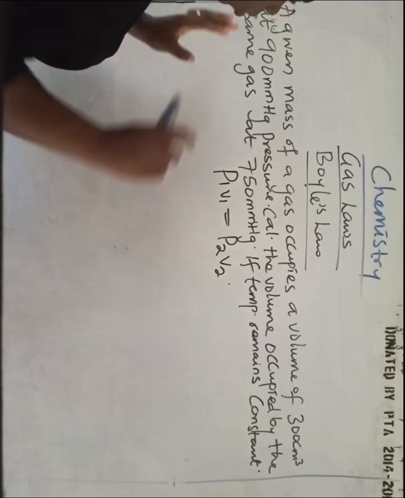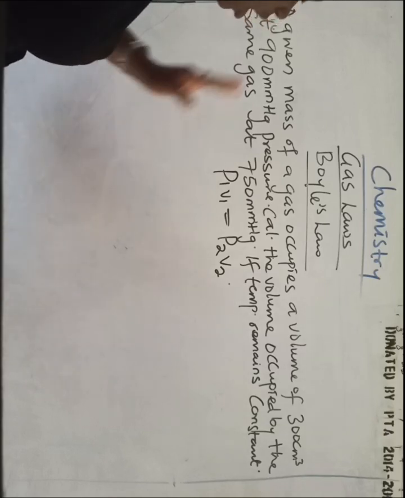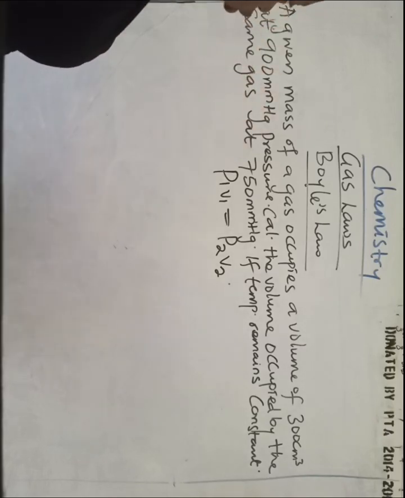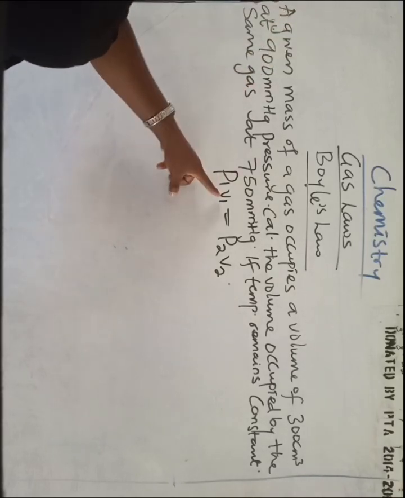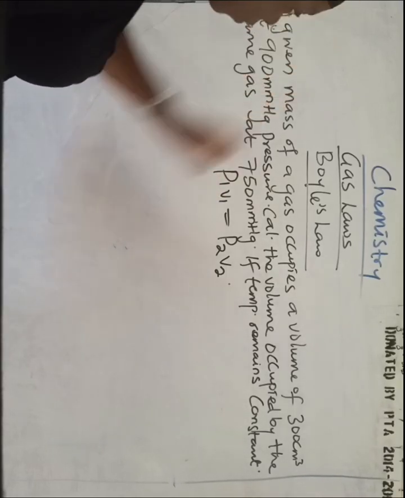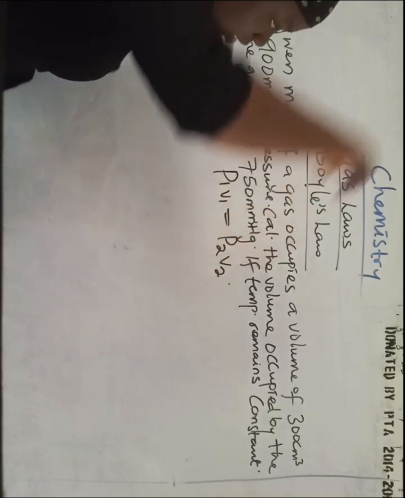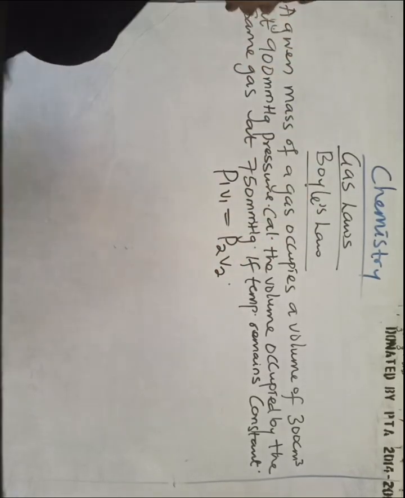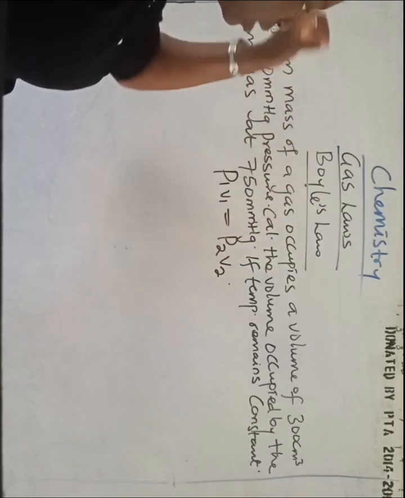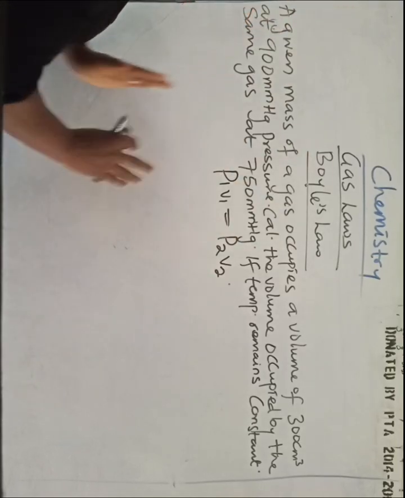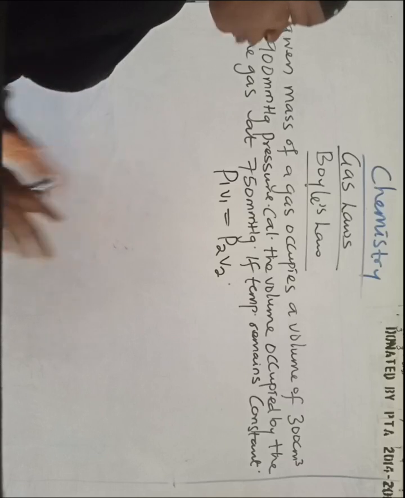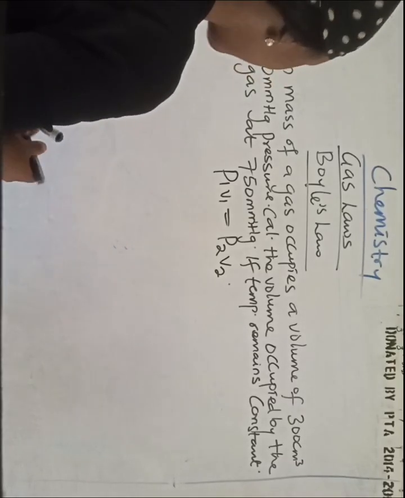It depends on how the question is arranged, but the first pressure mentioned is going to be our P1, while the first volume mentioned is our V1, while P2 is the second pressure in the question, and V2 is the second volume in the question.